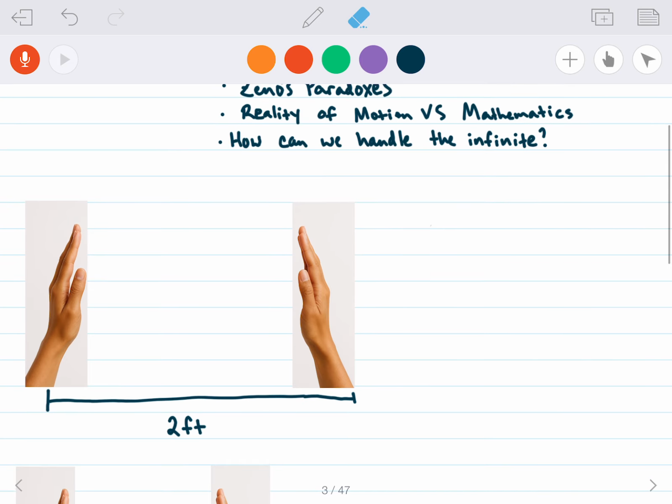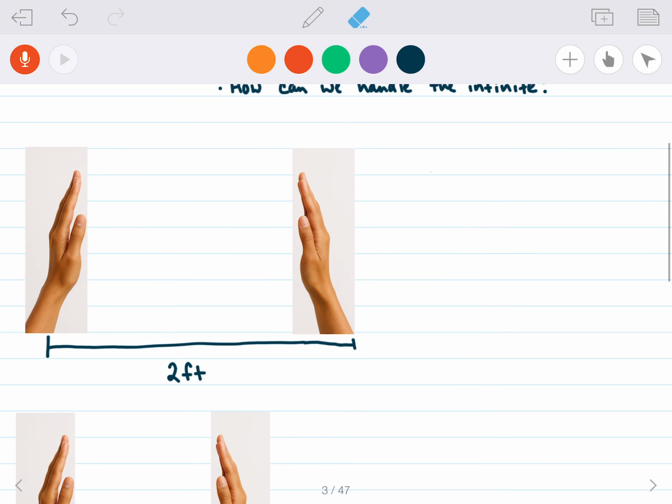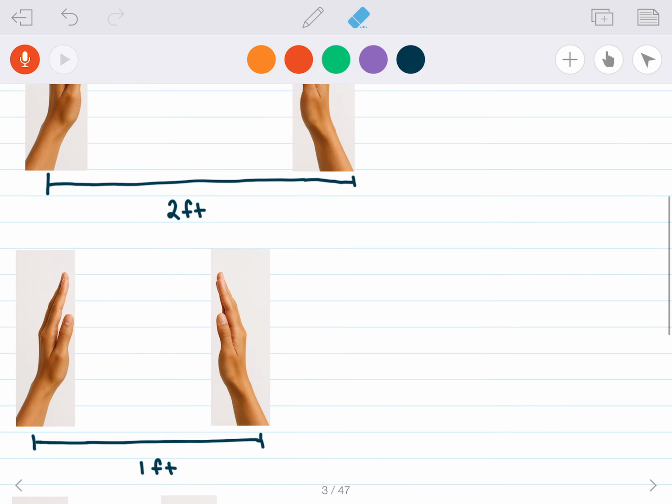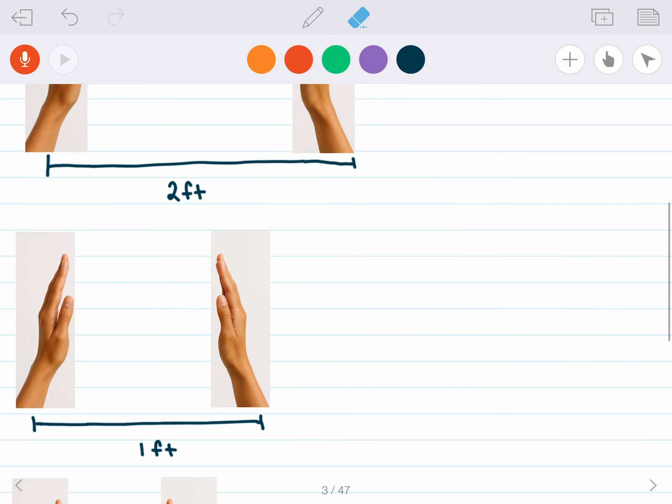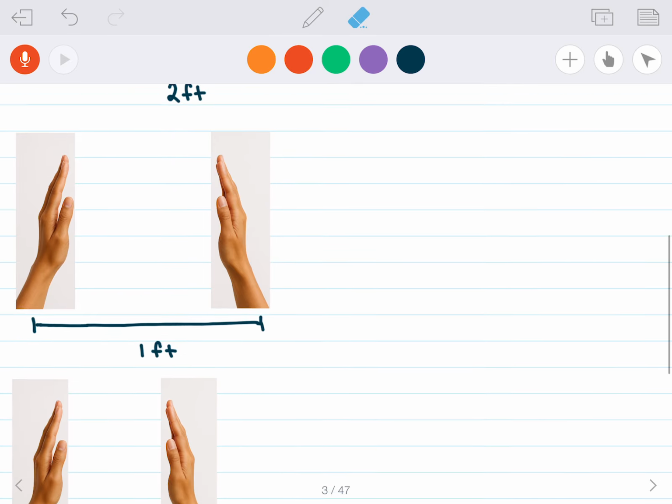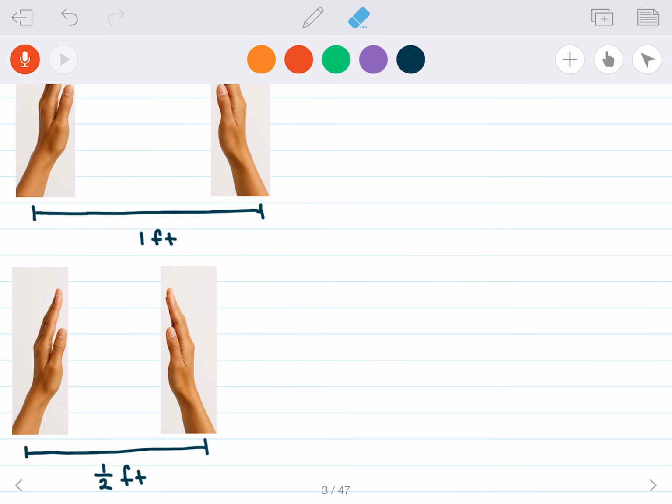Imagine you're about to clap, and your hands are 2 feet apart. Before you clap, while they're traveling towards each other, they have to go a foot, right? They have to halve their distance. But then they have to halve their distance again.